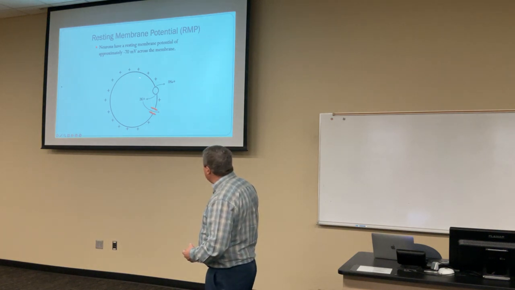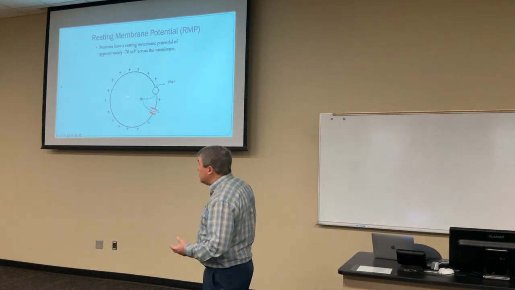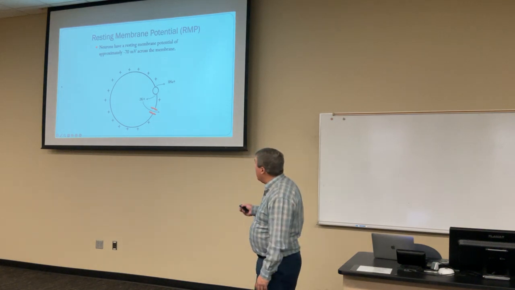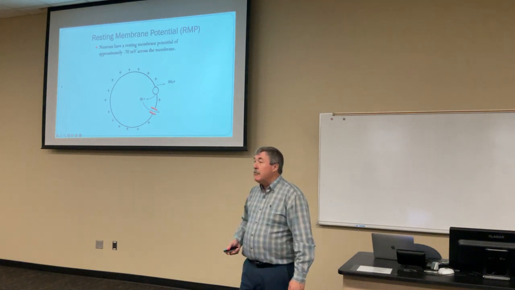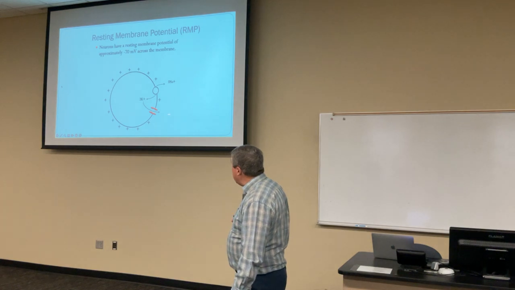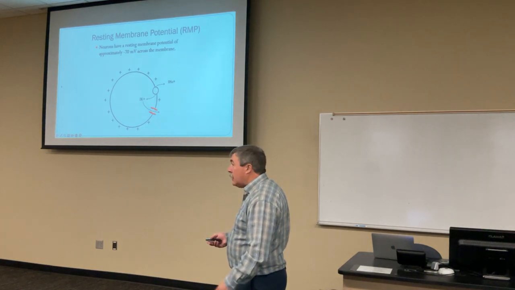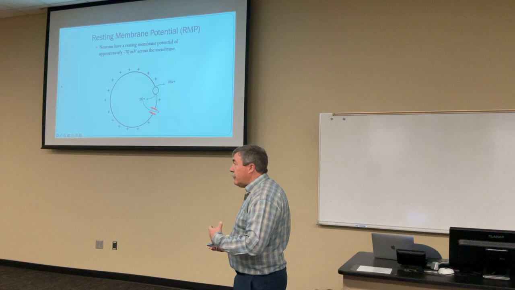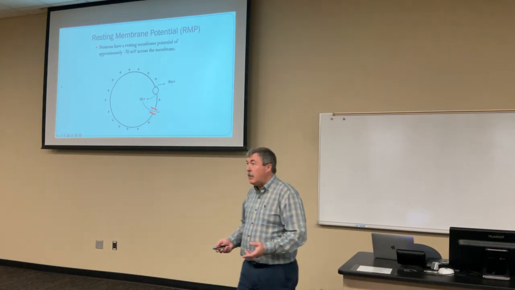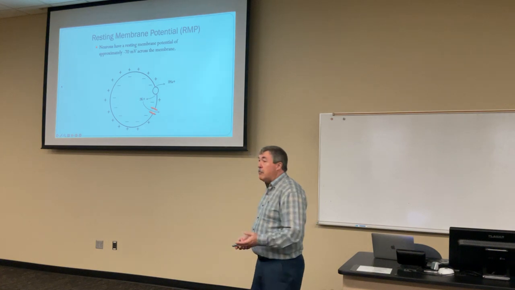So you have a higher concentration of potassium on the inside than on the outside, so you have a diffusion gradient. And since there are leak channels, this potassium starts leaking back out of the cell. As that potassium moves out of the cell, you have fewer positive charges inside of the cell, and that's going to make the inside of the cell more negative.